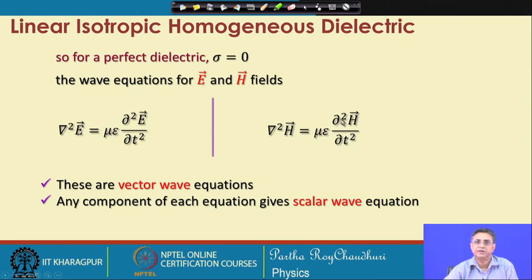Similarly, for the magnetic field, in general this is a vector wave equation, but each of the components will satisfy this wave equation, and then that equation which will be satisfied by the components will be called the scalar wave equation.